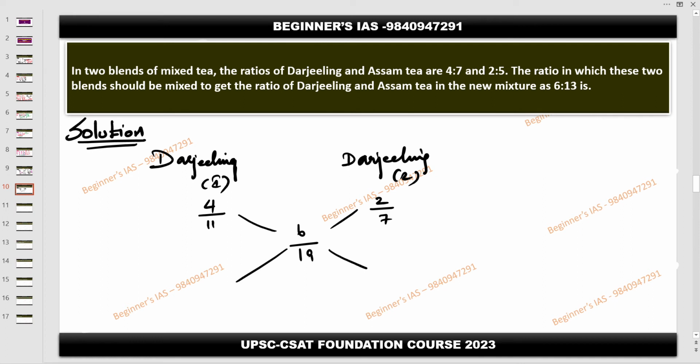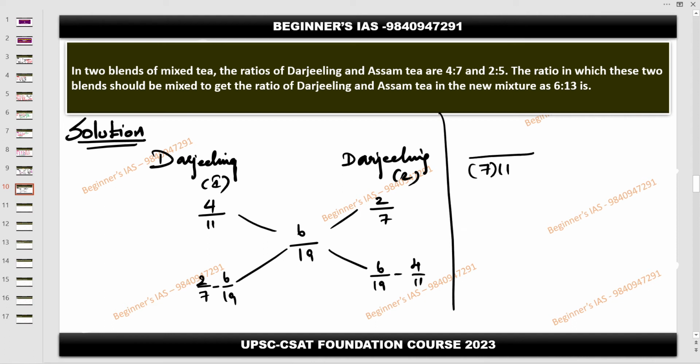Then 6 by 19 minus 4 by 11, and here 2 by 7 minus 6 by 19. So the LCM is 7 into 19. Then 2 into 19 is 38, and that's 38 minus 42. He said we should take the difference here.